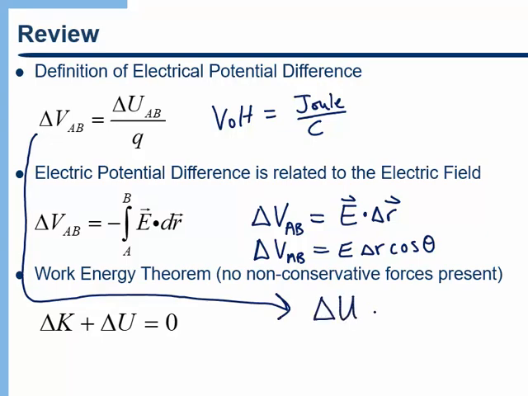So in other words, what we need to be able to plug into the work energy theorem is delta U if we want to find what's going on with the velocity. And so delta U is equal to Q times delta V. By the way, the AB notation, again, just is explicitly reminding you that we're going from point A to point B in the electric field.